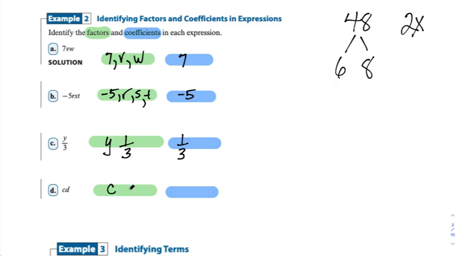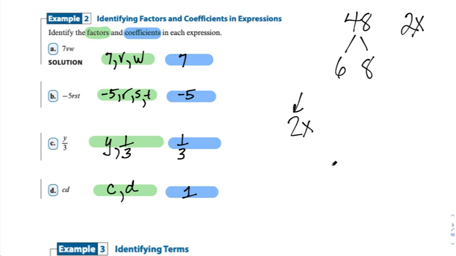Here, c and d are both factors. However, it looks like we don't have a coefficient. Technically, we do. That coefficient is 1. Anytime you have a variable hanging out by itself, we know that really we could say that that's 1 times that variable. So for instance, you remember I said that 2x was an example where 2 is the coefficient.